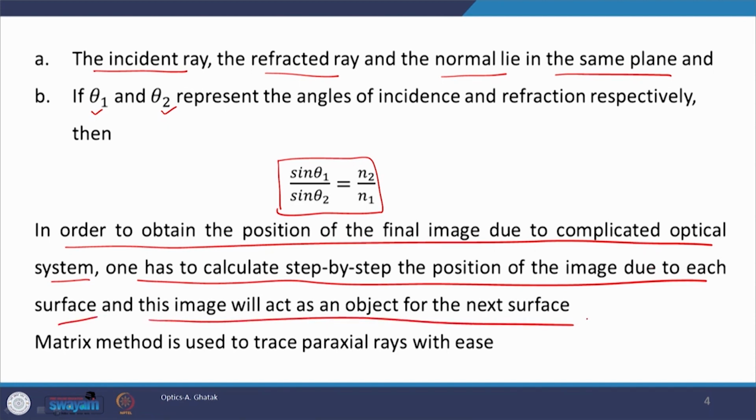Therefore, to deal with this situation, people devised a very quick method called the matrix method, and it is used to trace paraxial rays with ease. It can quickly tell us the direction of the refracted ray irrespective of the complication in the optical system involved.